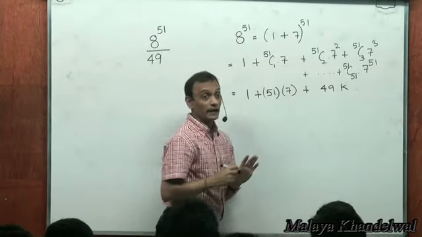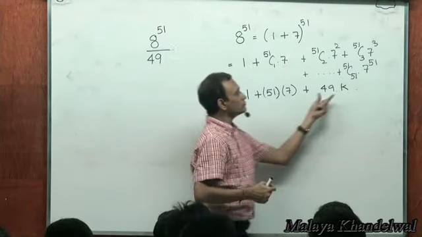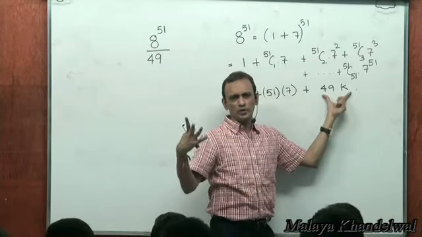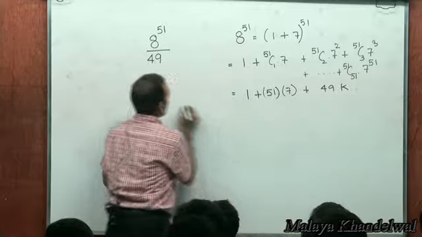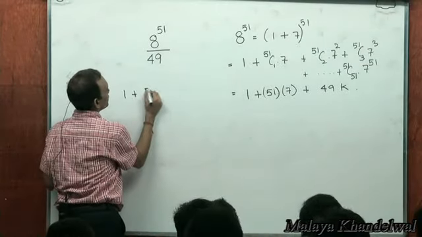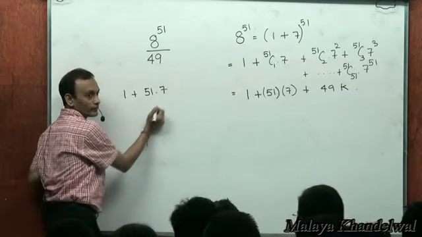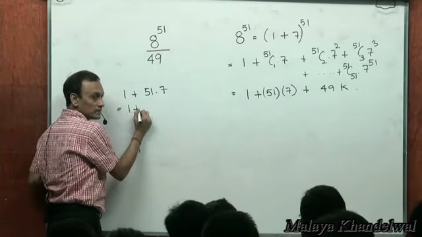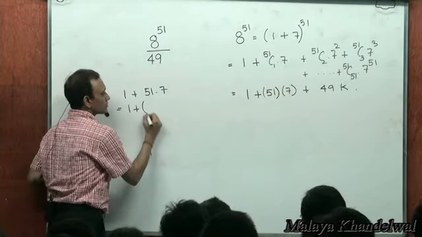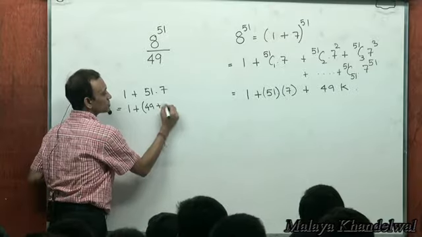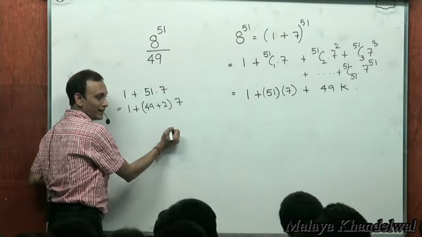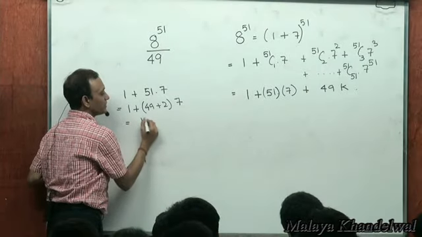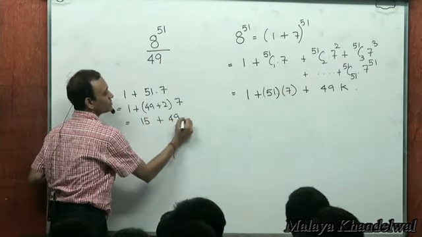Now when I divide by 49, this gives me an integer, not a problem. But 1 plus 51 into 7, I could write as 1 plus 49 plus 2 into 7, which is like 15 plus 49 into 7.